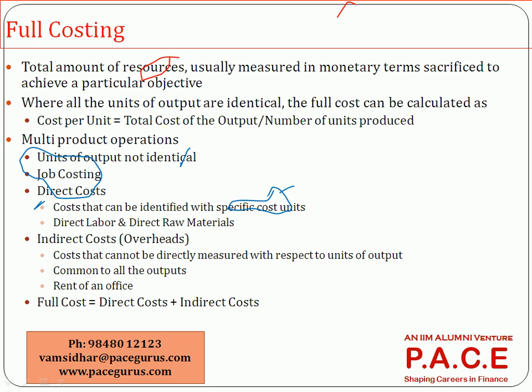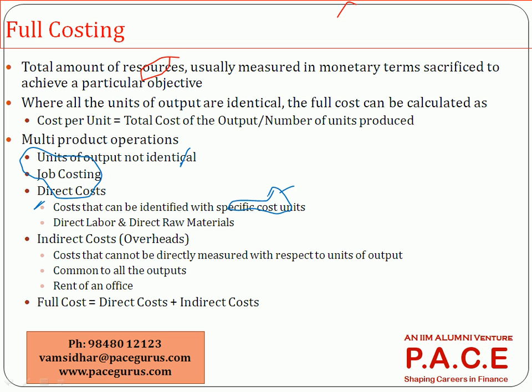When I am saying labor or a material, I can directly attribute how much of material is required to produce 1 unit of output, and how many hours of labor effort is required to produce 1 unit of the output. But there is nothing like how much rent I have to pay to produce 1 unit of output. So those kinds of costs, I am calling them indirect costs.